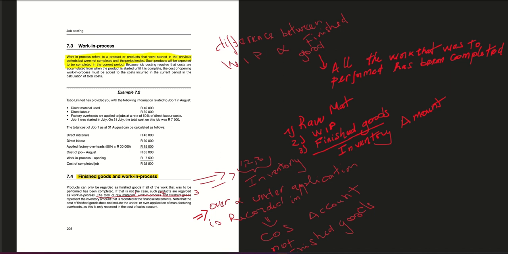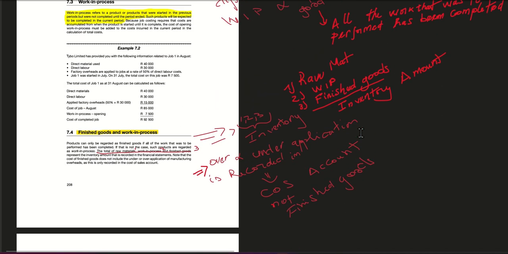For any doubt that you might have, you must always ask yourself the question, was all the work that was to be performed completed? Therefore, if it was done, it is a finished good that you are dealing with. If not, it's in the work in process, right? So that's what I can give you for the work in process.